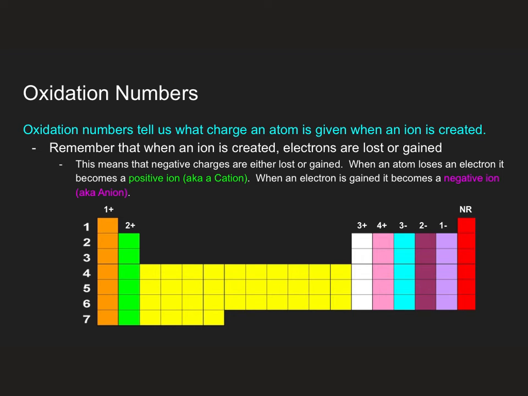Now, with that information of how many valence shell electrons, we can also figure out its oxidation number. Oxidation number sounds a little funny, but all it is, it's the tendency of the charge that an atom will take when it becomes an ion. And so this makes sense because it's that valence shell that's going to change its number of electrons when it becomes an ion of either a cation or an anion.